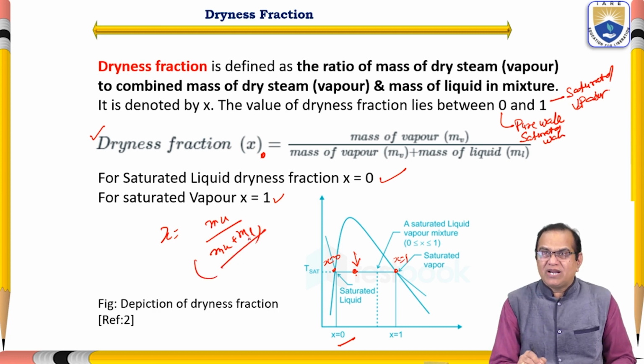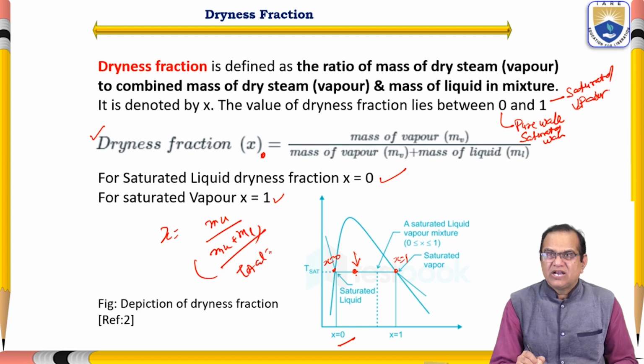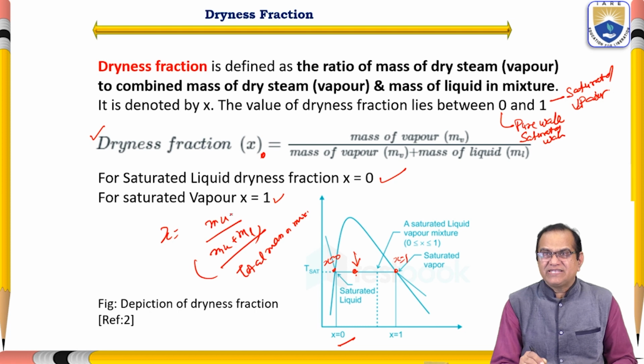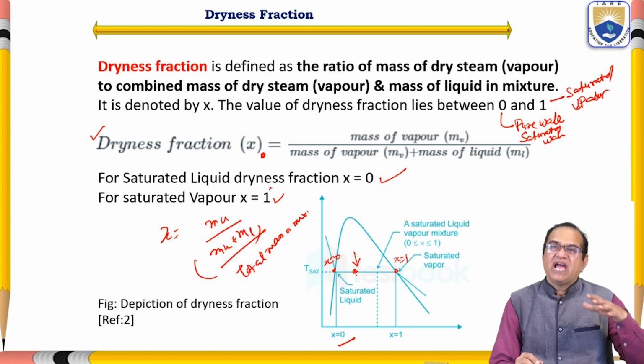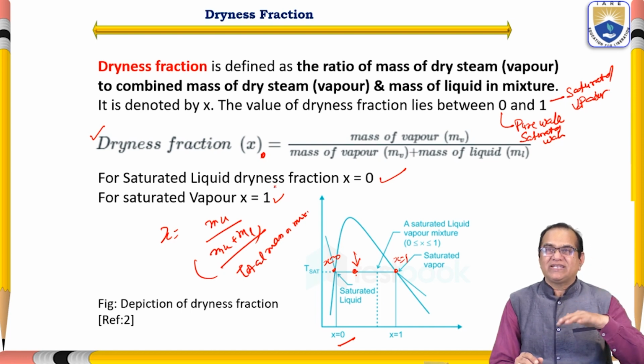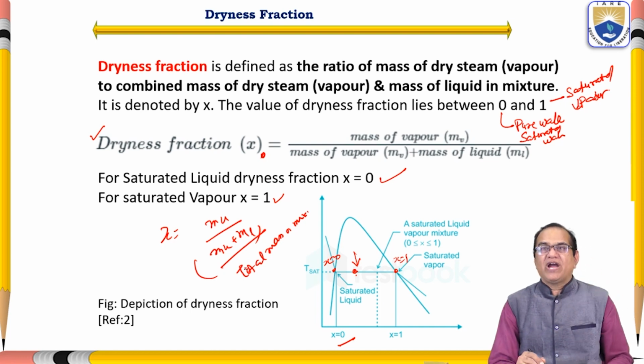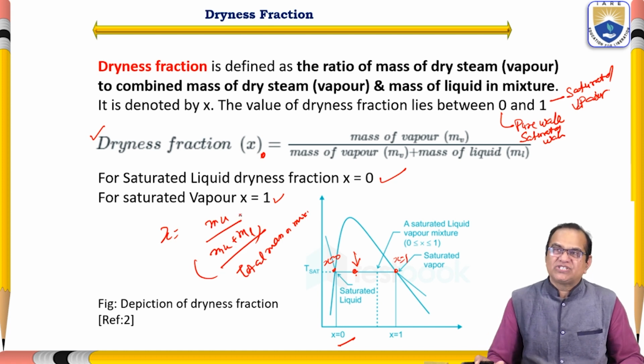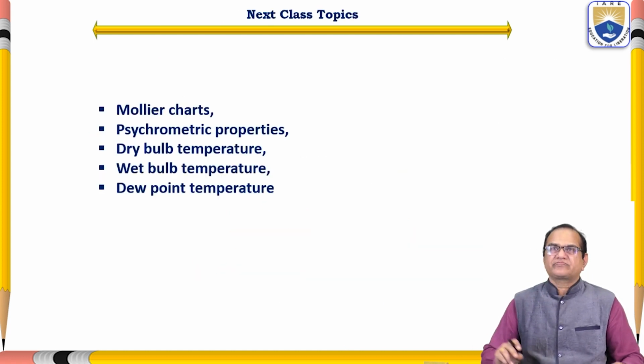So the mass of the vapor divided by the total mass of the mixture is called the dryness fraction. To calculate the energy, the work done, and the heat added, we need to find x. Without x we cannot find the full state of the system.